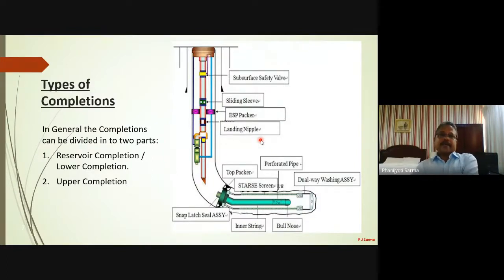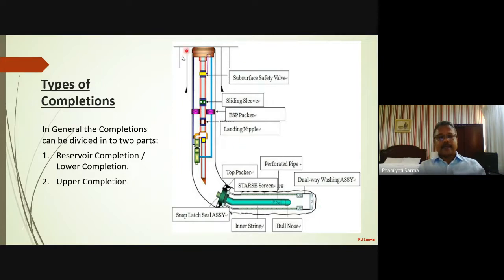When I talk about the completion, it is because well intervention is always linked with the well completion. There are 2 types of well completion. One section is called the reservoir completion or lower completion, which you can see towards the bottom side.